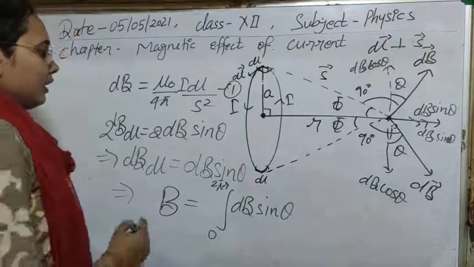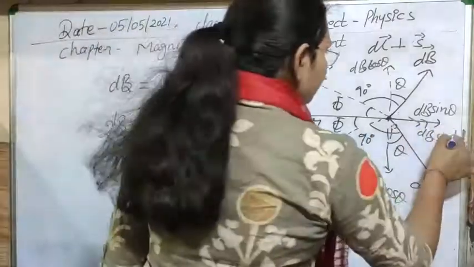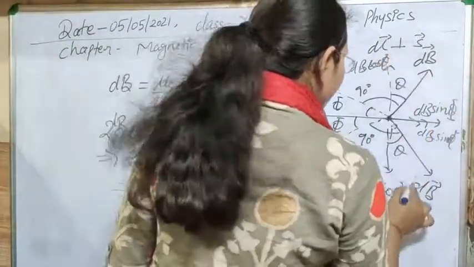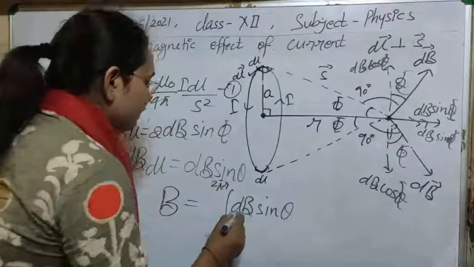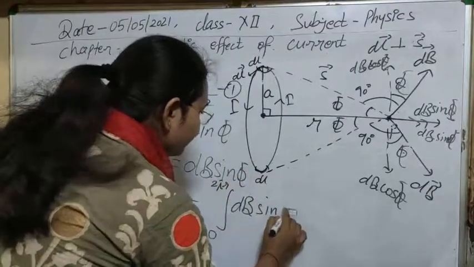Clear? I think sin phi should be here, sorry for that. Here also phi should be here. This is also phi, sorry guys for that. This is phi and this is also phi.